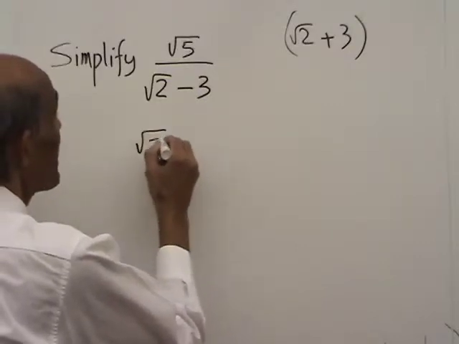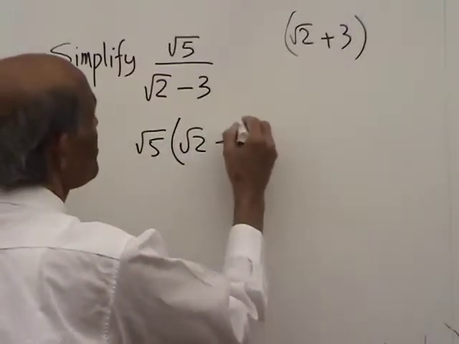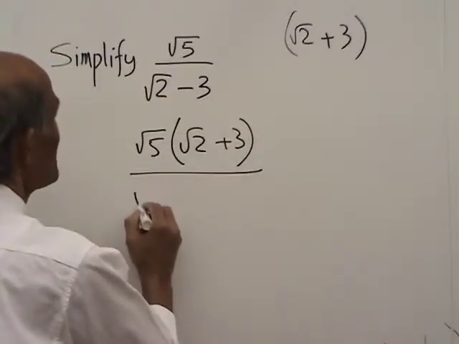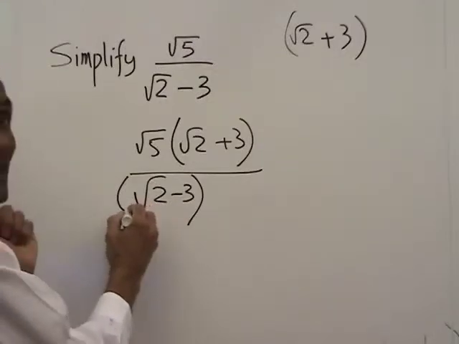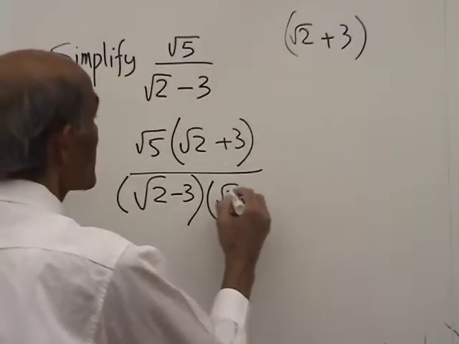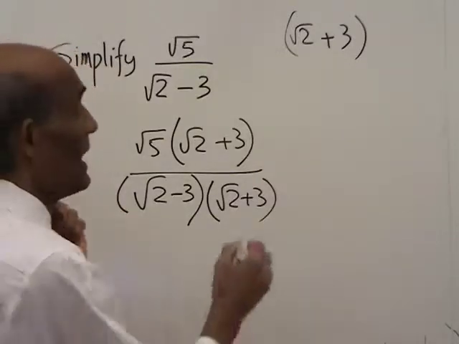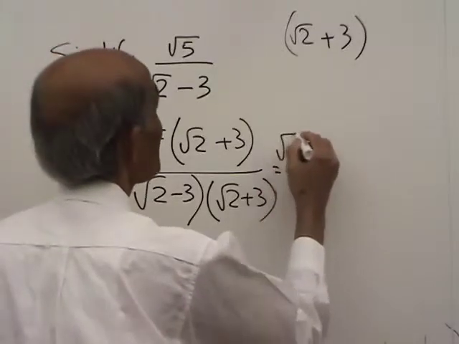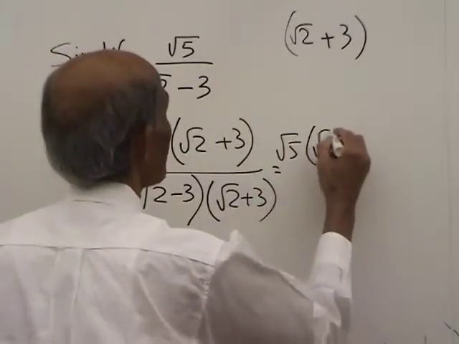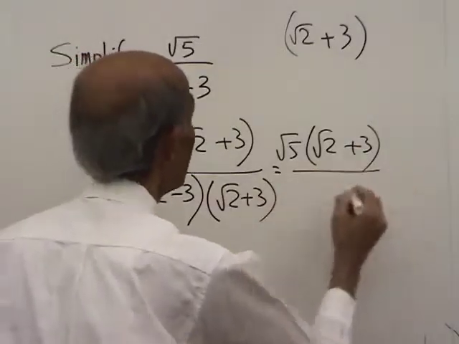So, multiply the denominator and numerator by square root 2 plus 3, which is the conjugate of this. That will be square root 5 times square root 2 plus 3 over square root 2 minus 3, put that in parentheses, times square root 2 plus 3. And this will remain as it is, square root 5 times square root 2 plus 3 over, what is this now?